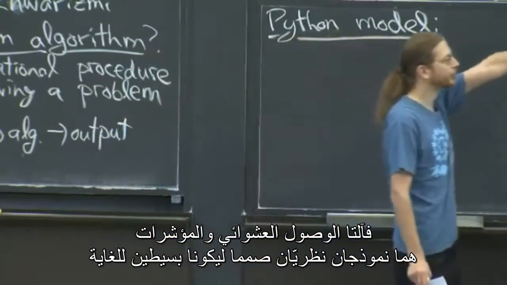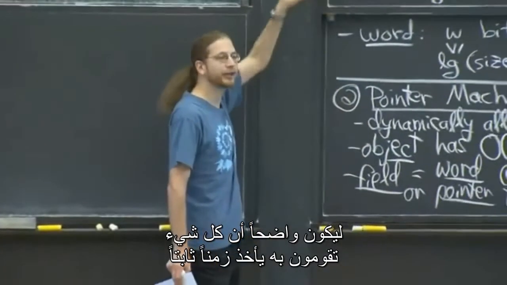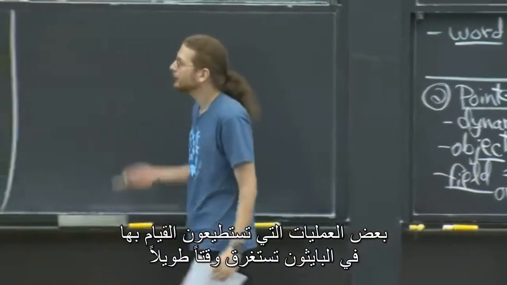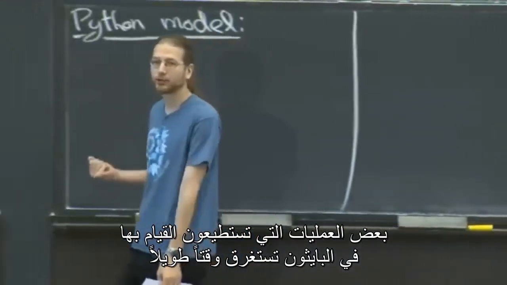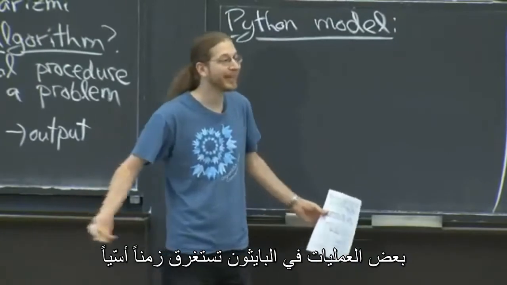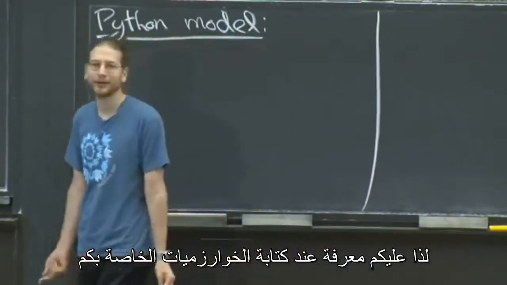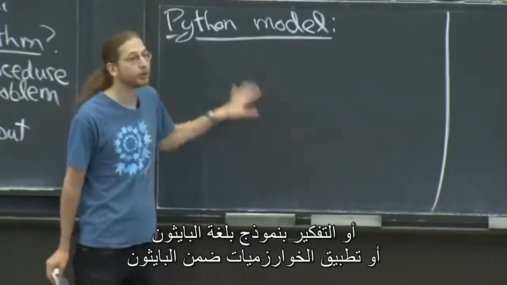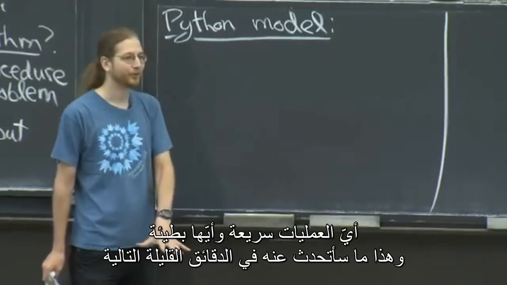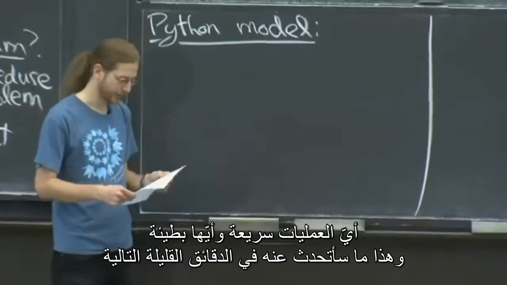Whereas the random access machine and pointer machine are theoretical models, designed to be super simple so it's clear that everything you do takes constant time, in Python some of the operations you can do take a lot of time. Some take exponential time. When you're writing your algorithms, either thinking in a Python model or implementing them in actual Python, you've got to know which operations are fast and which are slow. And that's what I'd like to spend the next few minutes on.